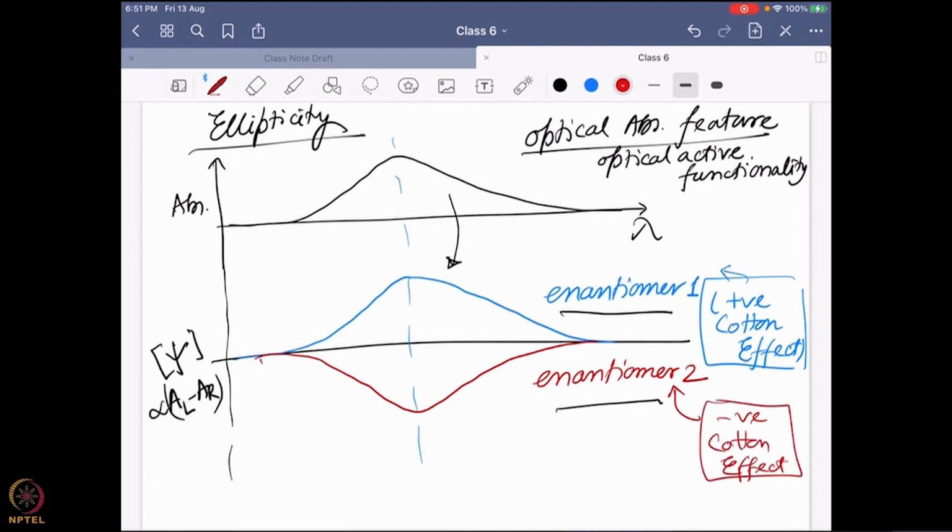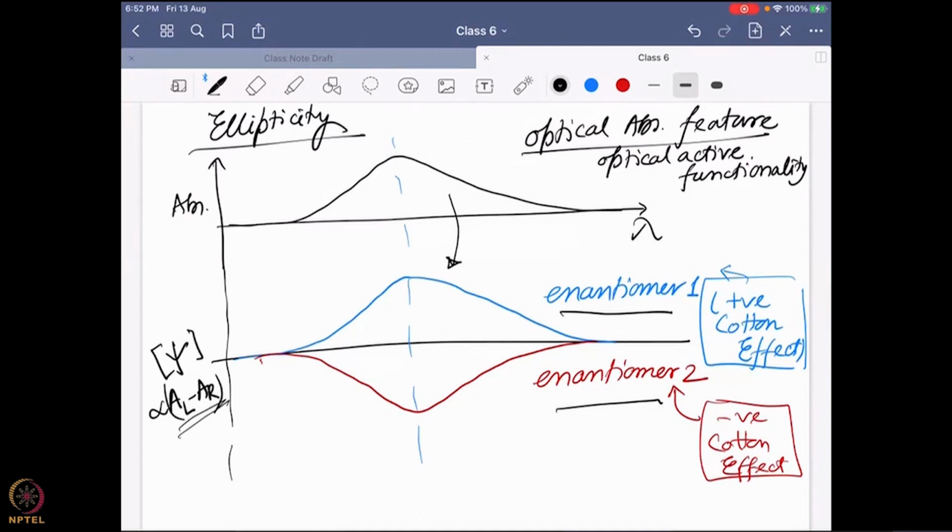So if you remember, the positive cotton effect shows that the value goes from negative to positive, whereas for ellipticity the value remained on the positive side for the same data. That means AL minus AR. And if it is negative, that is the negative cotton effect corollary. So that is how the data actually looks like.